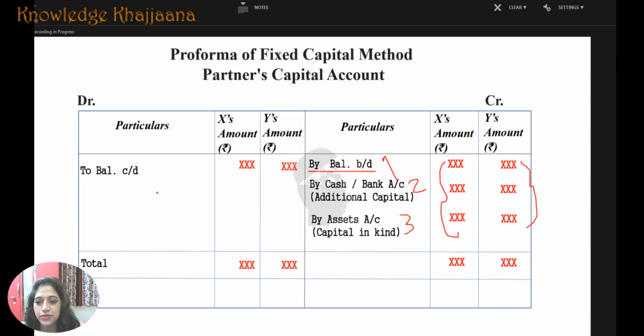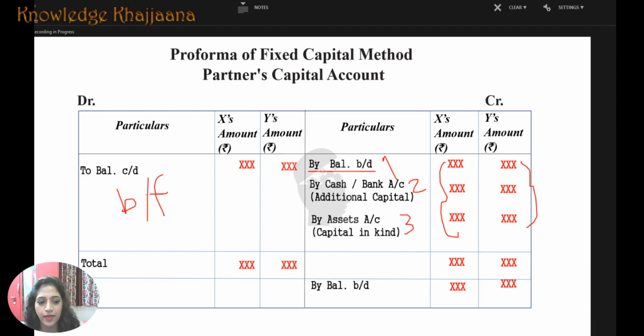This is shown as "to balance carried down". This balancing figure is the closing balance, which is shown as the opening balance for the next year, that is, "by balance brought down", the same figures.